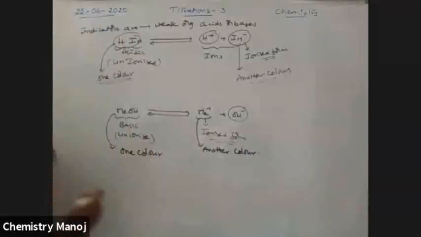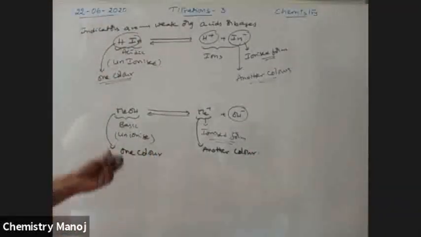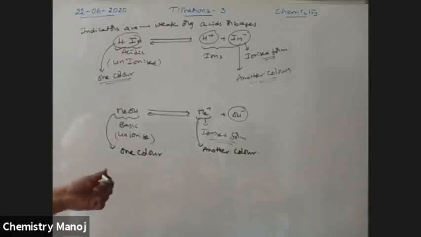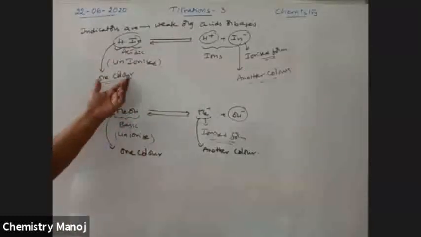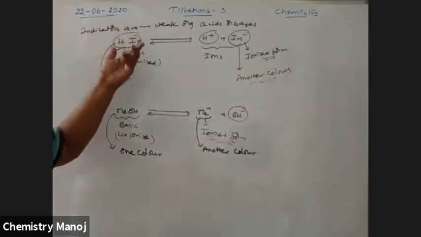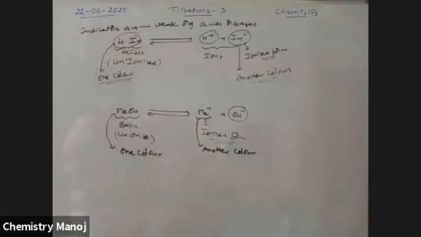These colors depend on the nature of the indicators, so different indicators give different colors. Because ionized and unionized forms both exist, they have different colors in solution.